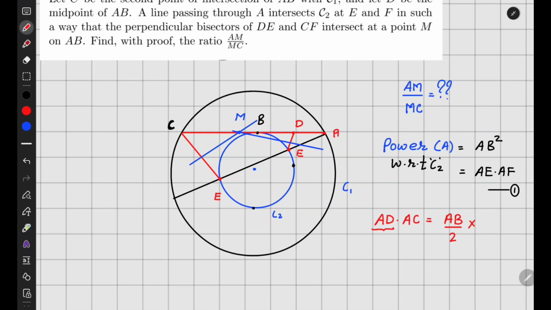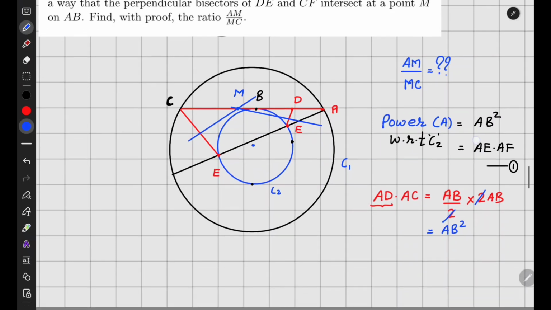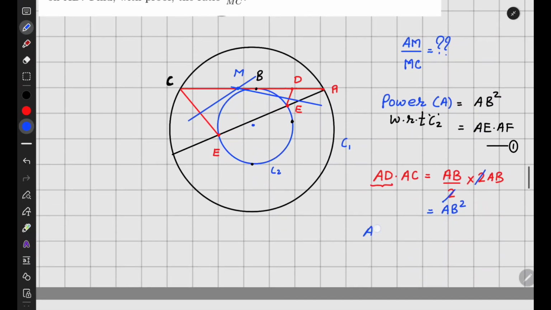So AD into AC is what? AD is AB by 2, and AC is 2AB. That's why I have done this, because it is going to be AB square. And what does it mean? It means to say that AE into AF equals AD into AC.